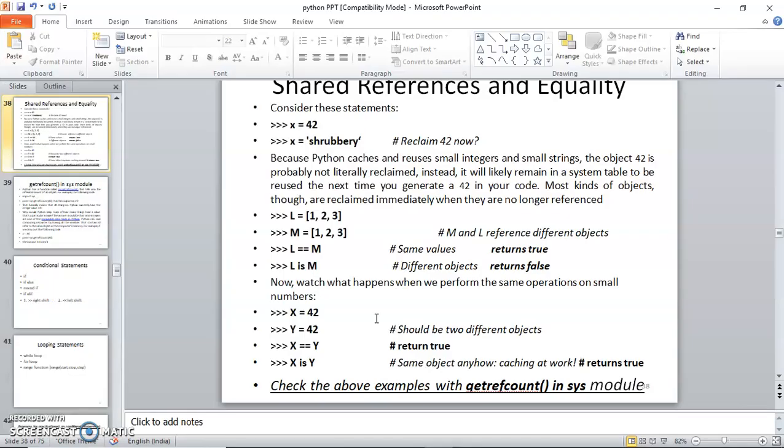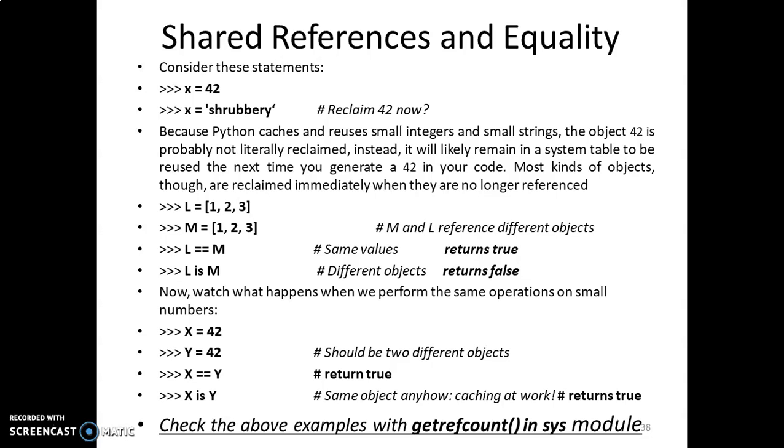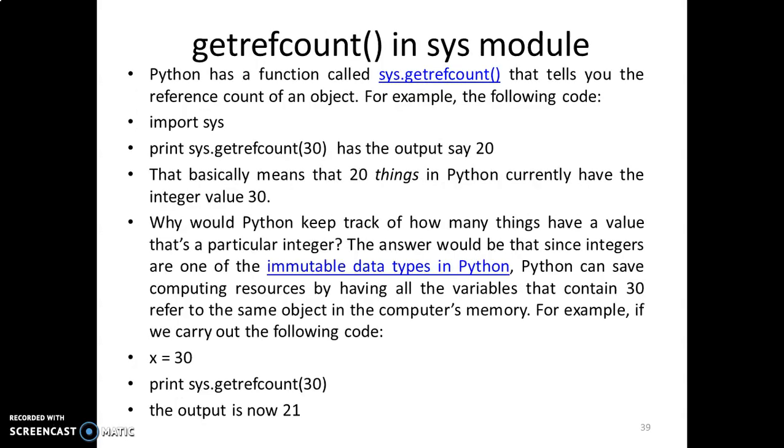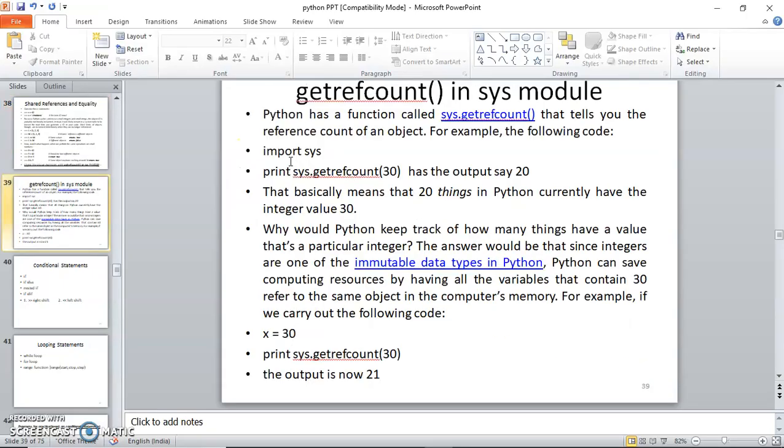Let's go to the last part of our presentation now. There is getrefcount in the sys module, which tells you how many times an object has been referenced by variables. For example, let me run this code for you.